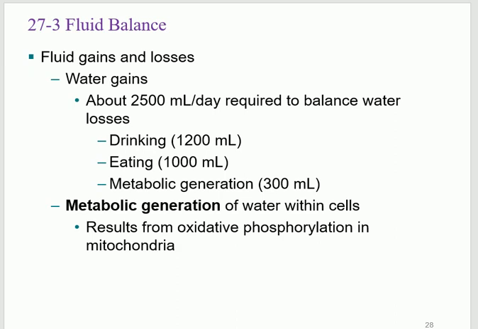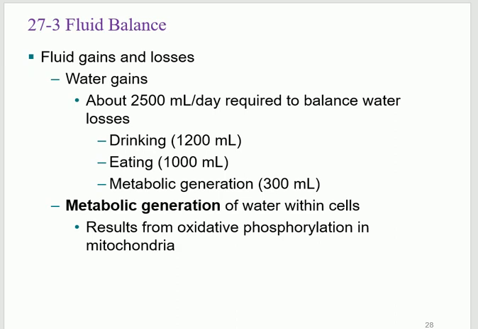Does anybody remember the metabolic water? Do you remember glucose, glycolysis, and then tricarboxylic acid, electron transport chain? At the end, you make water and energy and hydrogen. So you make water. It's a little bit, but it does count.